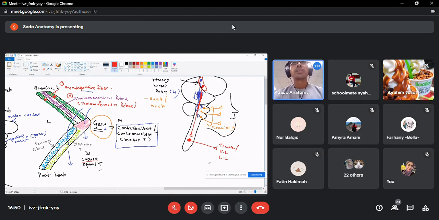That's number one. Number two, we have corticospinal tracts coming from where? Primary motor area, moving downward, forming your posterior limb of internal capsule, crossing your brainstem and terminating where? In your spinal cord. So your lower motor neurons coming from the spinal cord will stimulate your trunk, upper limb and also lower limb muscles.